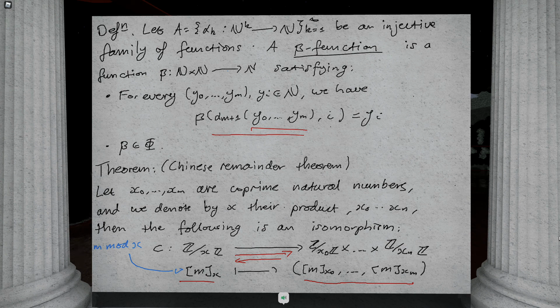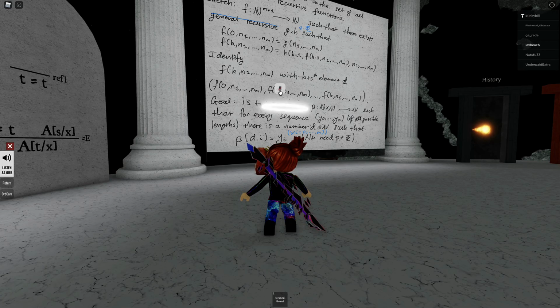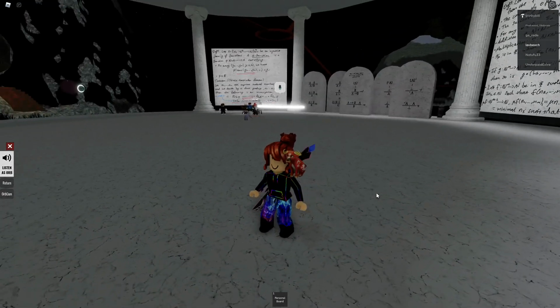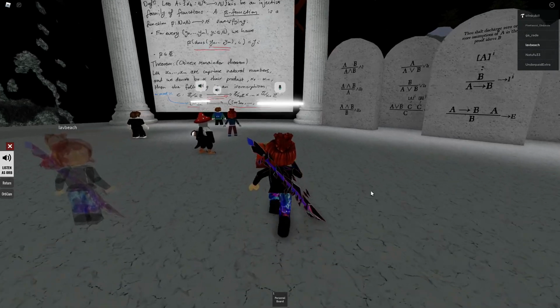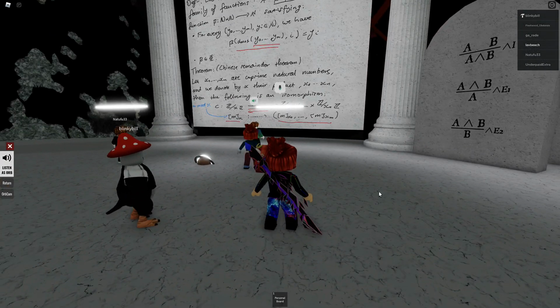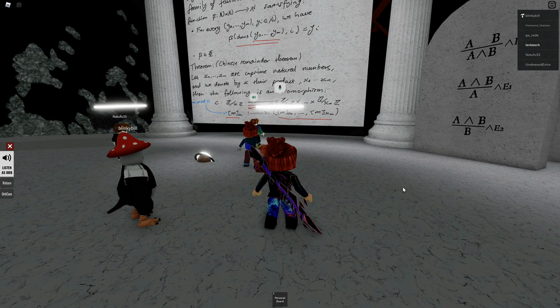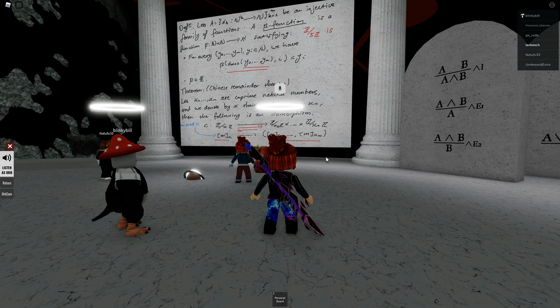Does anybody have any questions about the sketch? Maybe you could briefly explain what Z mod X is. Sure. When I write Z mod, let's take an explicit example: 5Z.